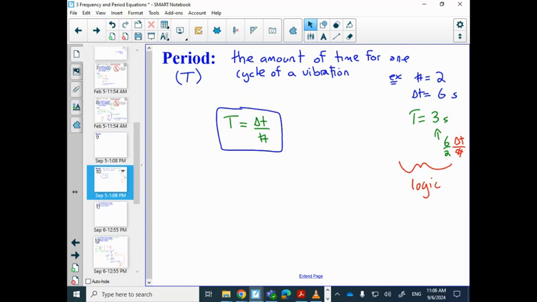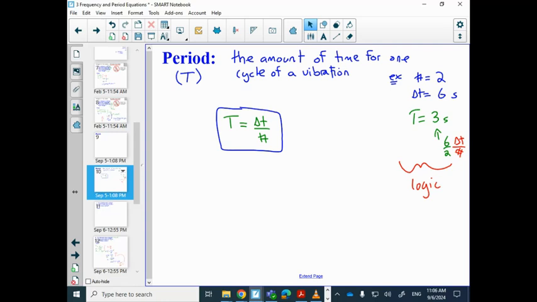And if you're trying to think of the formula, say we had 2 vibrations and it took 6 seconds for that to happen, obviously they're 3 seconds each. It's more of an obvious thing, right? It's like if you spent $6 total for 2 items, obviously they're $3 each.